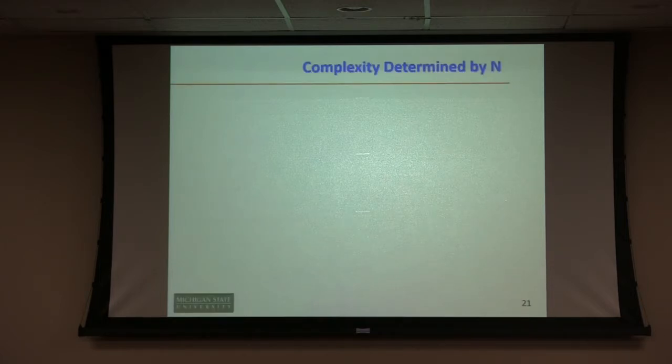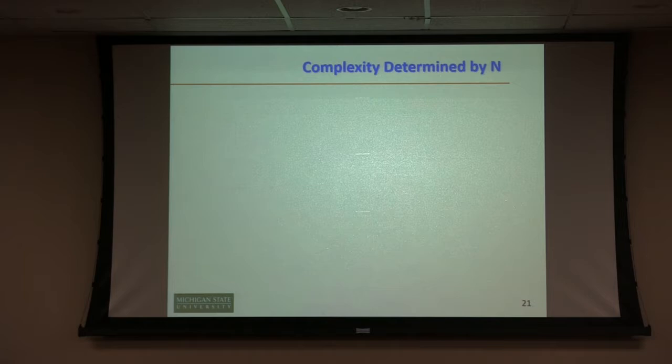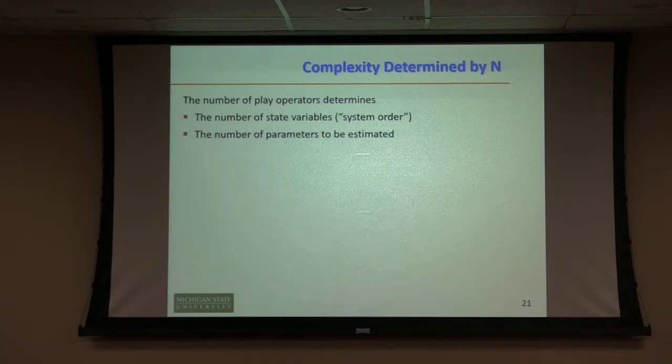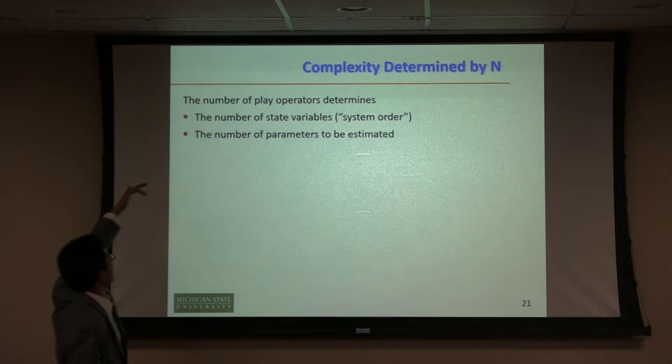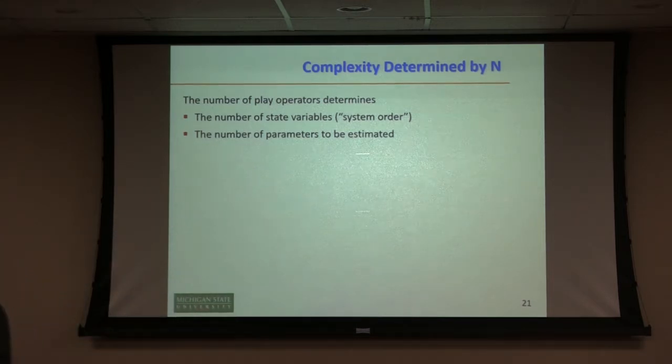As you can see here, we have a lot of these so-called generalized play operators, and I claim that's your complexity, or your system order, because every play operator has a state variable, which is its own memory. It's dimension 1. So when you have n of those, your dimension is n. So it determines the number of state variables or system order, and also the number of parameters we have to identify, basically those weights. And also the complexity of controlling such systems.